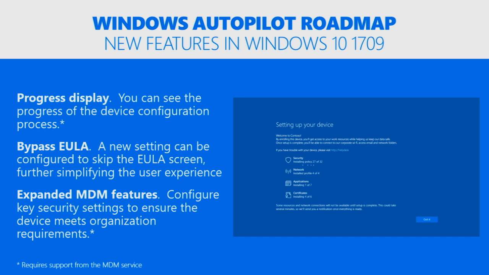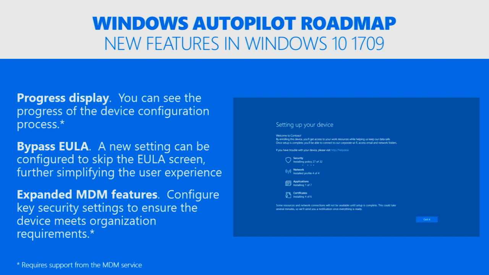You'll be able to bypass the EULA, I already mentioned that. That will show up as a new setting in the Microsoft Store for Business fairly soon. That setting will be understood by Windows 10 1709 so that you skip that additional screen. And of course, with every Windows 10 release, we add additional MDM capabilities to give you more configuration options, more capabilities for setting up that device.